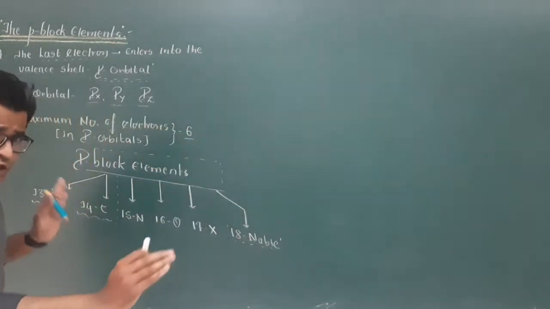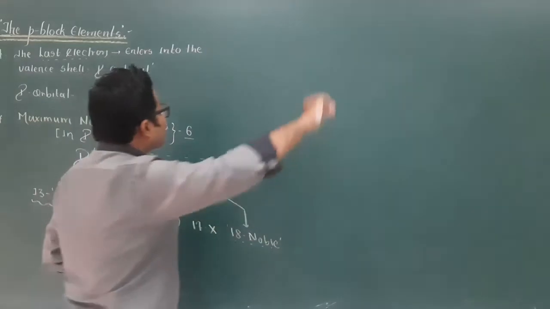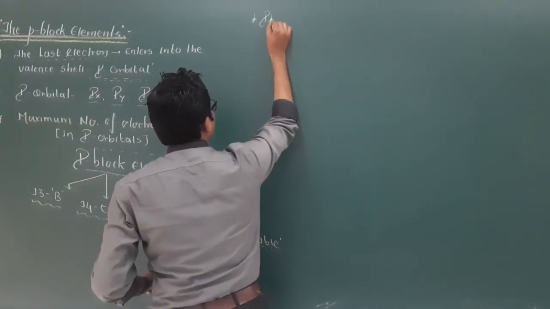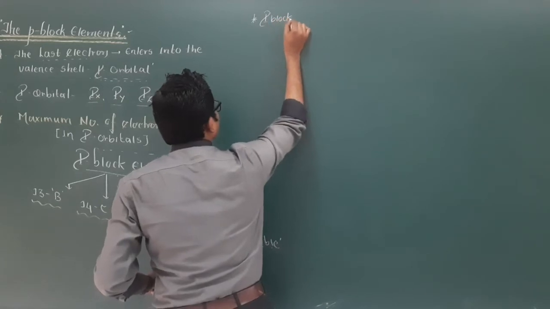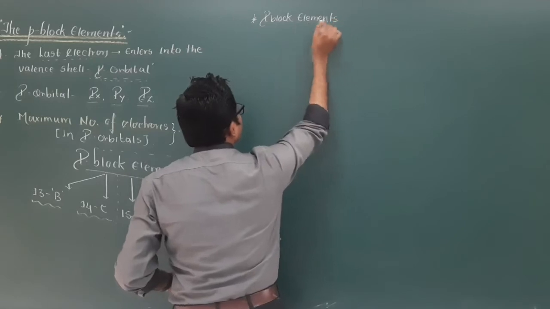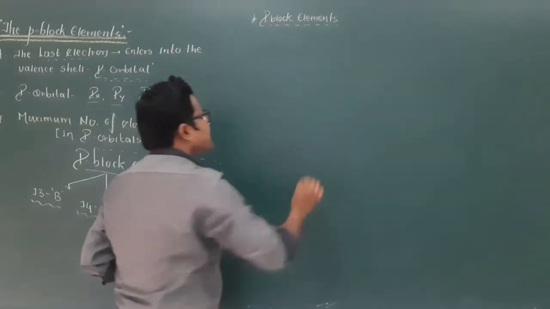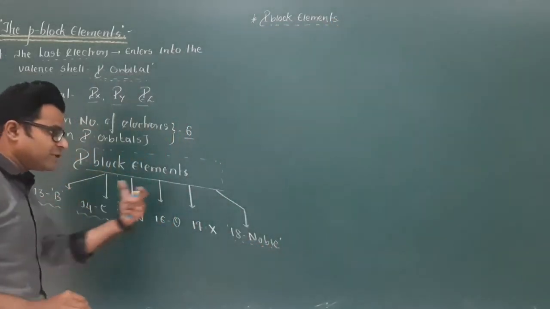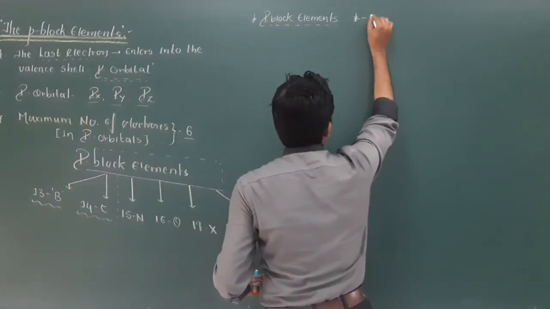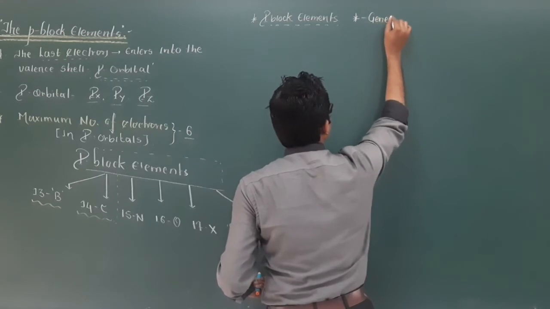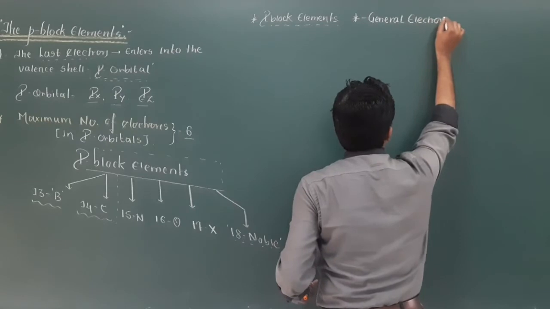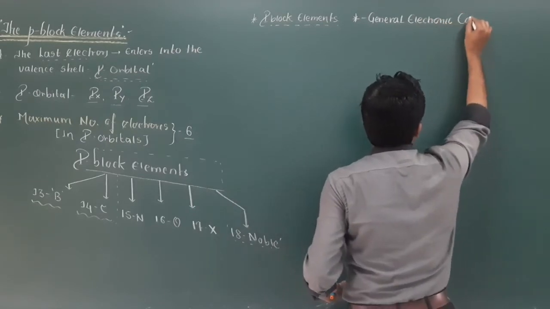Now let's speak about the general format. Whenever we take a look at the p block elements, right from group number 13 to 18, the first general thing we see is the general electronic configuration.